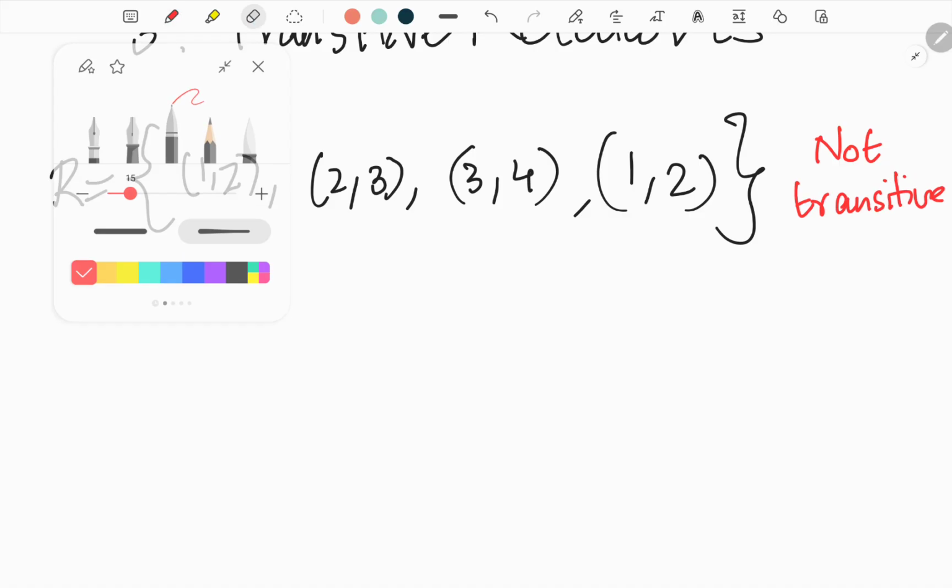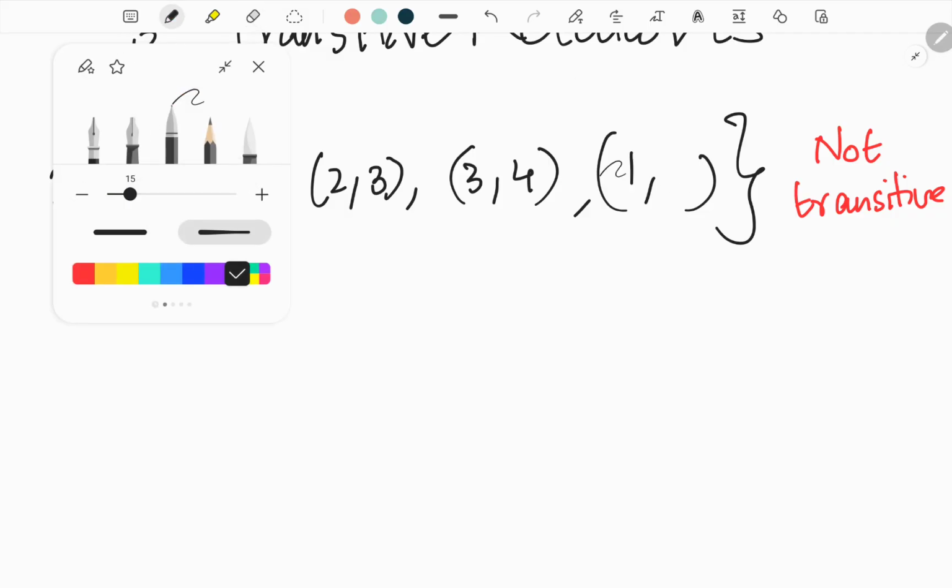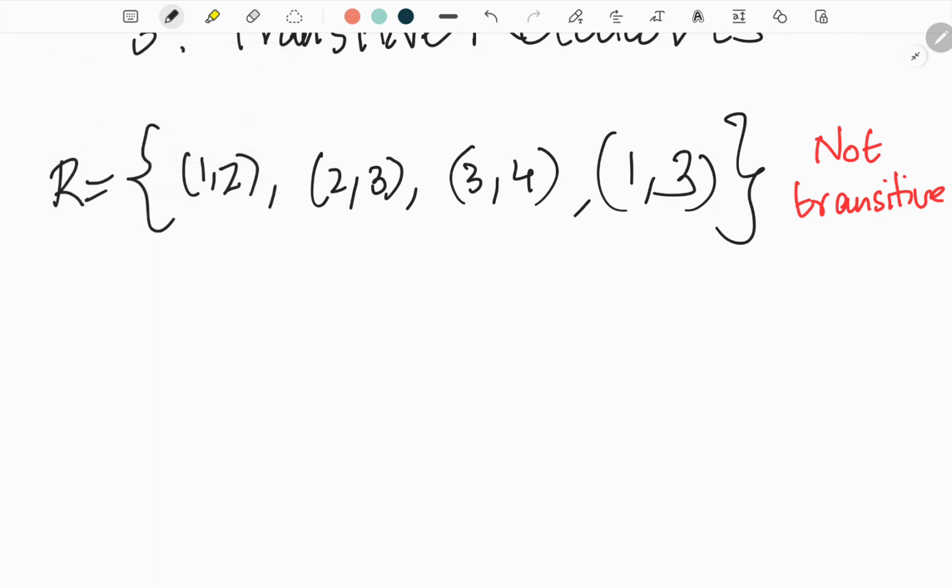Or, sorry, not 1, 2. I already wrote 1, 2. You can change it to 1, 3. So, I am going to say that this relation is not transitive.